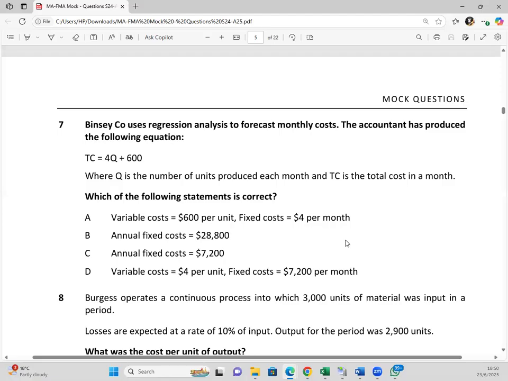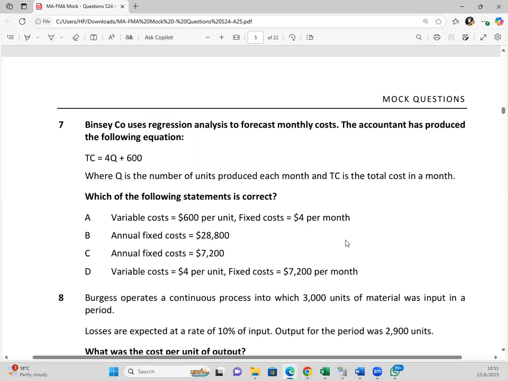The total cost function, what does it say? Y equals A plus BX. Y is equal to A plus BX. That's a good one. So from that, you should be able to tell me the answer.